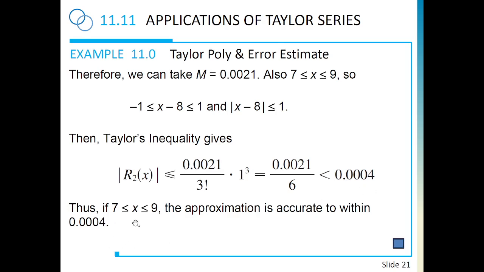So on the interval 7, 9, the approximation is accurate to this precision. Our polynomial of degree 2 on the interval 7, 9 is accurate to this precision. That's what we got as a consequence of applying Taylor's inequality to estimate the error.